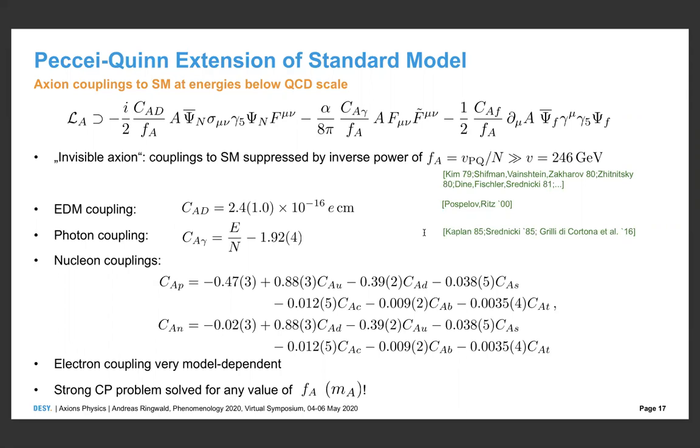There's another experiment which I didn't mention, where you can look for a fifth force and measure, for example, the coupling of the axion to the electron. This will only work in a certain mass range, but in the milli-electron volt range this can work. This is the experiment ARIADNE, which I mentioned.